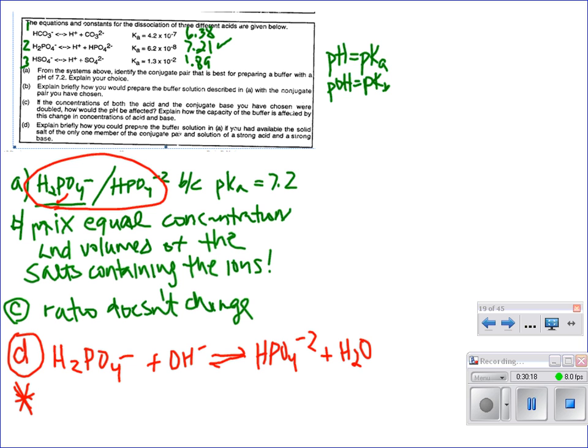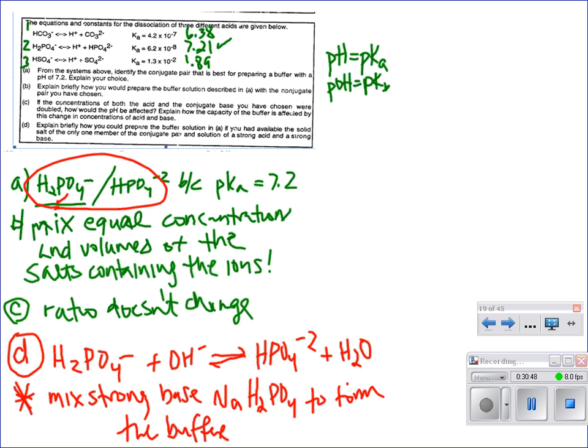So you would say you'd mix the strong base with sodium dihydrogen phosphate, NaH2PO4, to form the buffer.